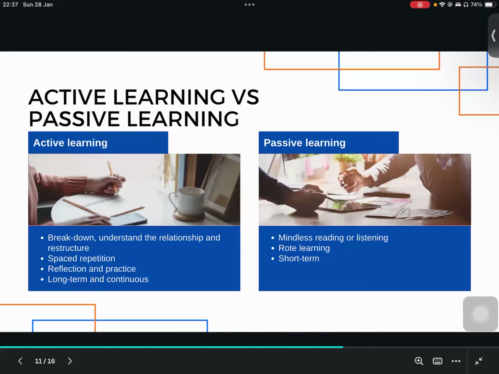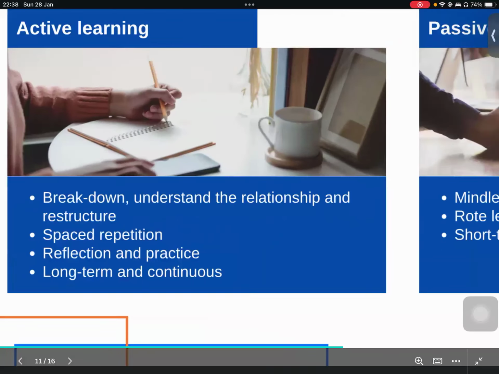You try to break down the concept and the relationships between these concepts and understand the structure. You might try to remember the key concepts and key definitions by using spaced repetition.